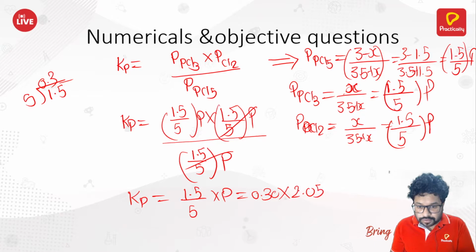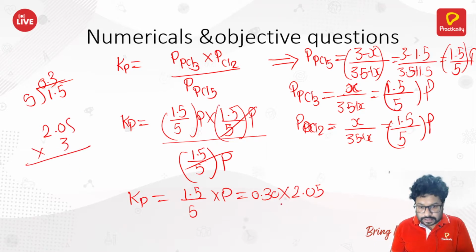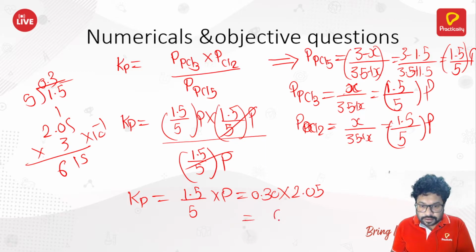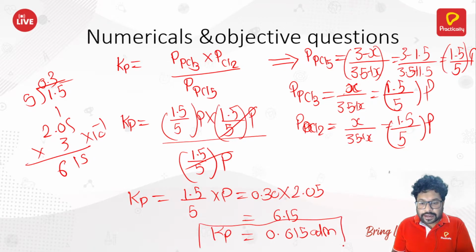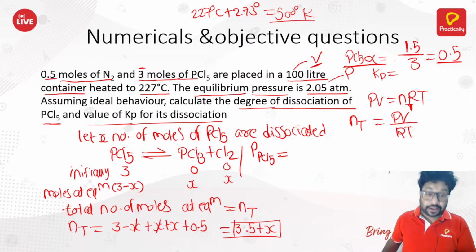So 2.05 into 3, which is 6.15 into 10 raised to minus 1, equal to 0.615. That is your Kp. So your ultimate Kp is 0.615 atm. That is how you can calculate the Kp for this given equation.